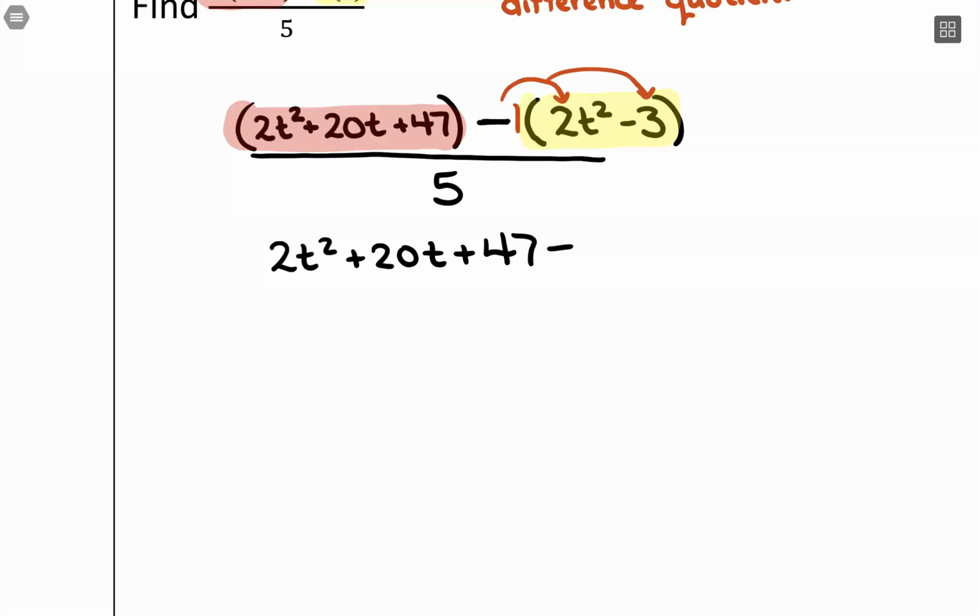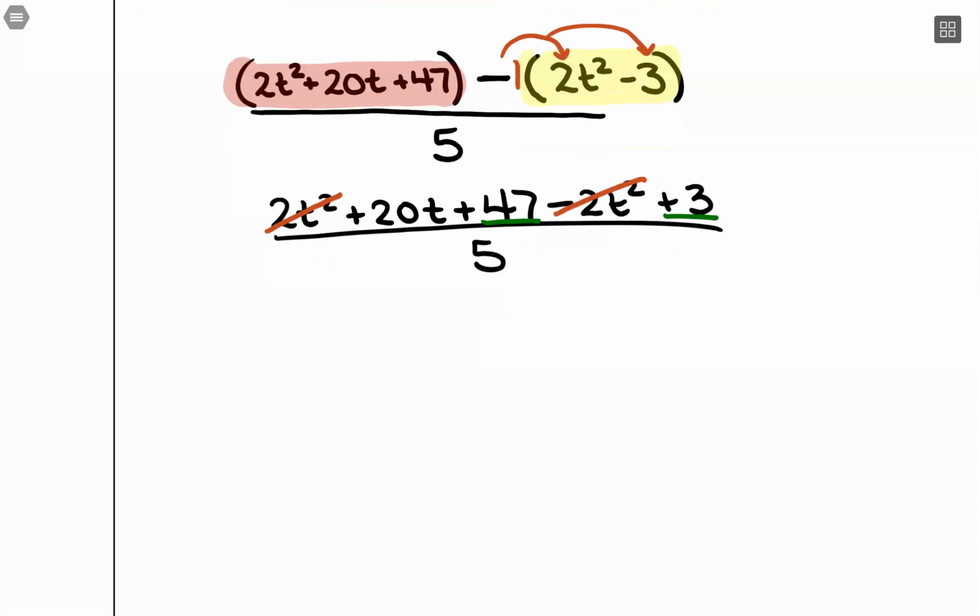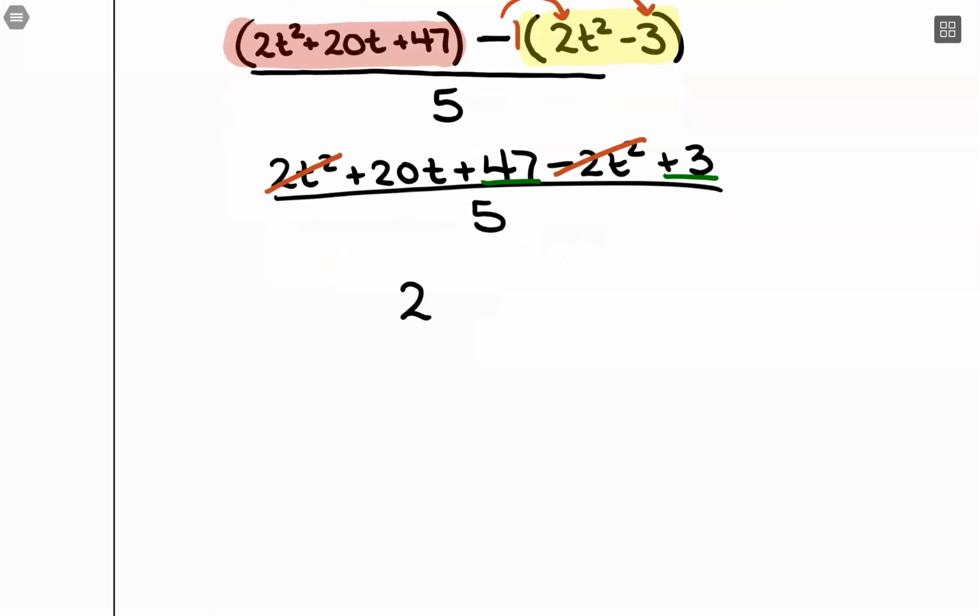So this will be minus 2t squared, and then plus 3, all over 5. So what we'll see, those 2t squared values are going to cancel out into a 0. We still have that 20t, and then we can combine the 47 plus 3. So that'll be 20t plus 50 over 5.